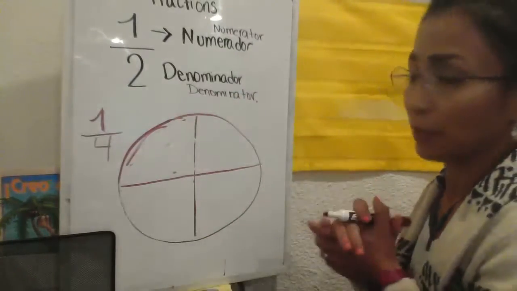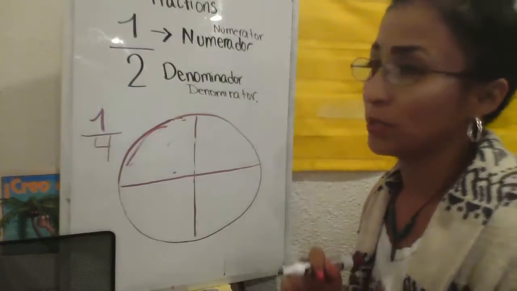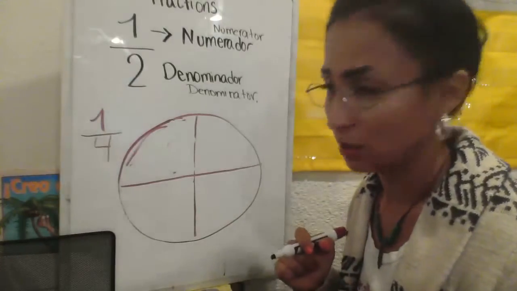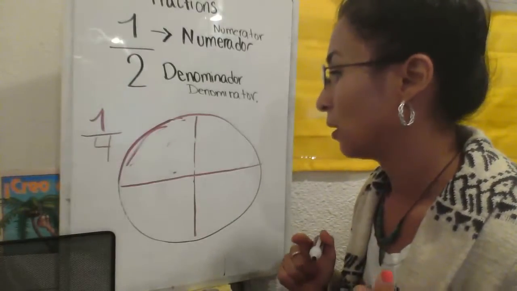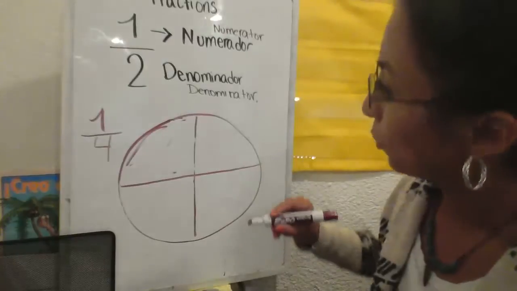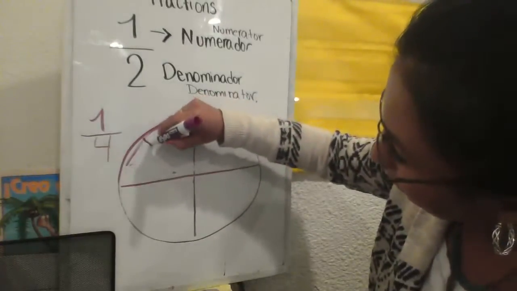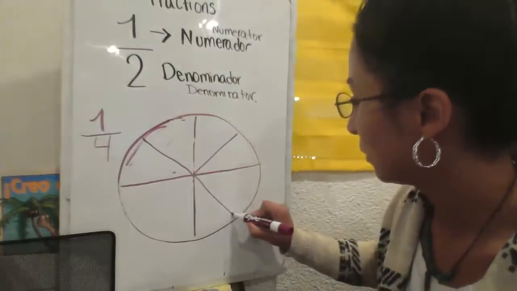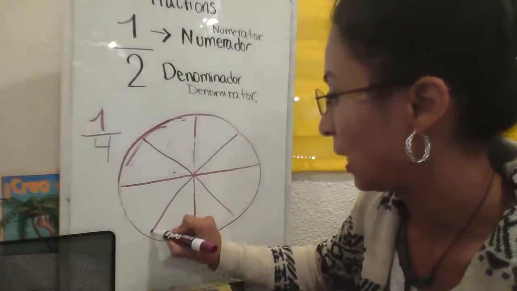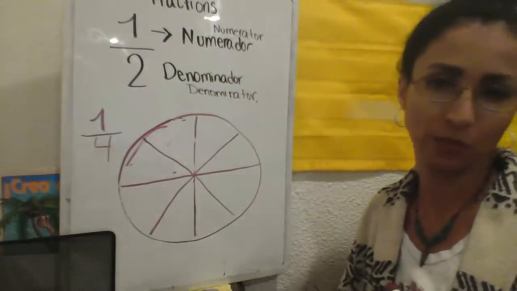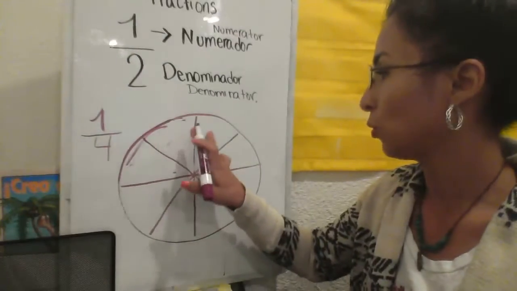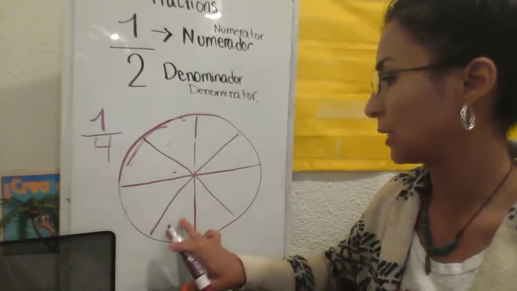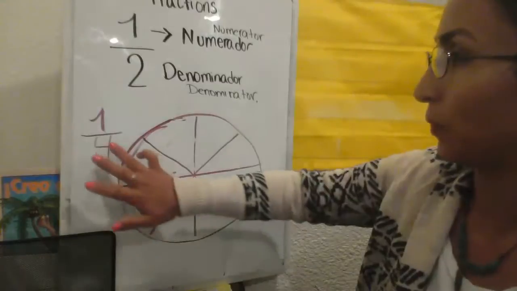Okay? A ver. So like I was saying, let's pretend mom and dad order a pizza. But this time, your pizza is going to be cut in 2, 4, 6, 8 pieces, right? All right.